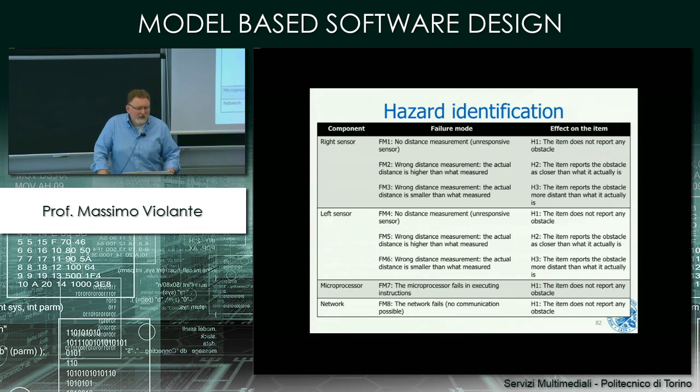But in reality, the obstacle is just 5 meters away. So you don't have enough time to complete the maneuver. The correct action should be to stop the car to avoid hitting the obstacle. But you are not able to do that because the sensor is faulty. Okay? So this is the meaning of this hazard. Is this clear?